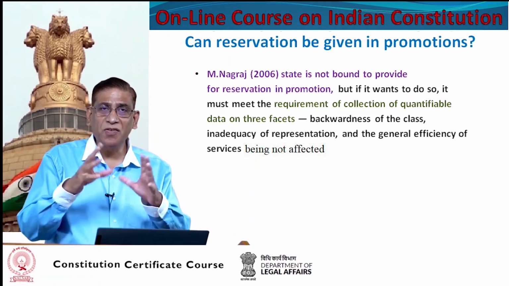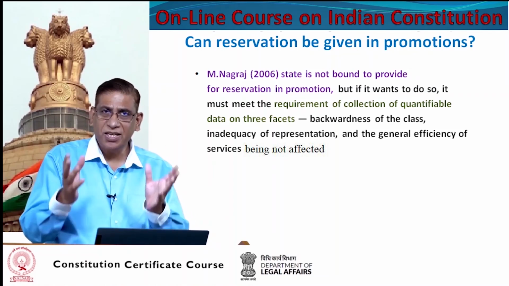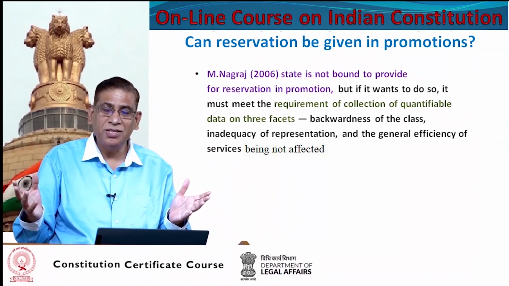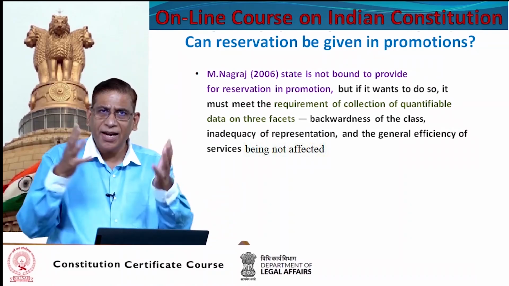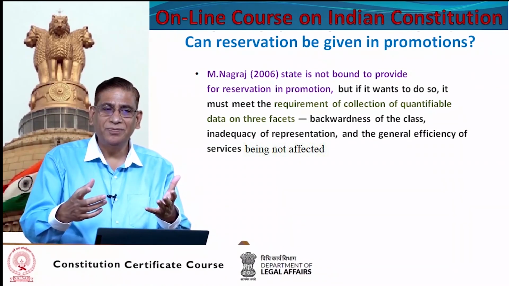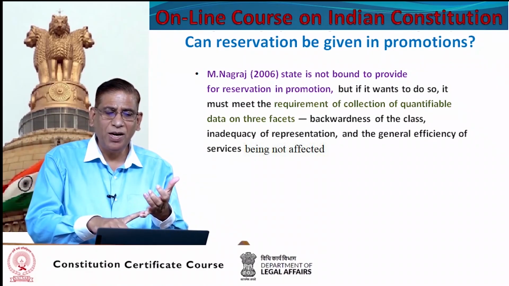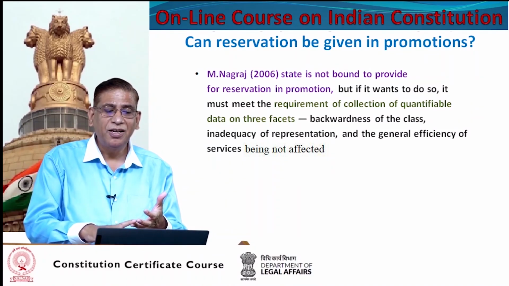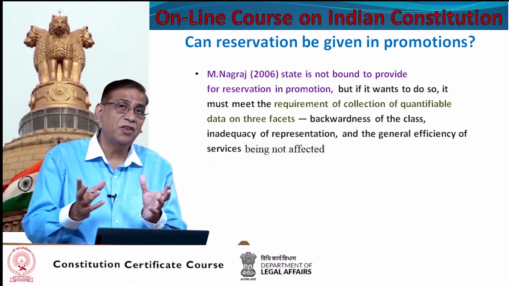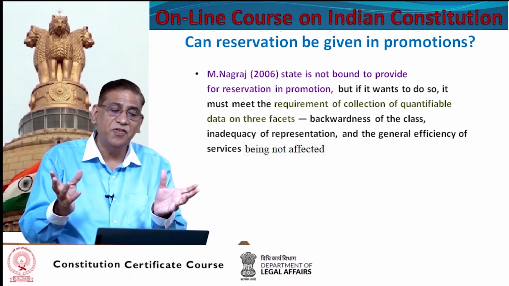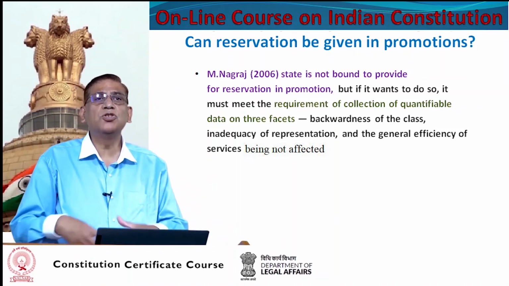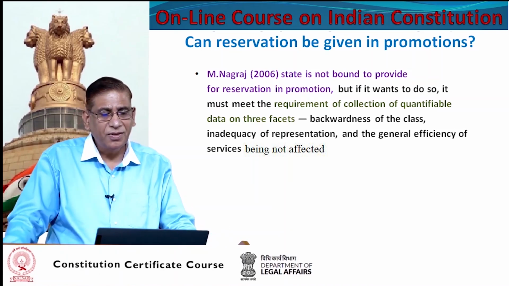So if you want to give reservation to SCs and STs or others in promotions, collect data, quantifiable data, to prove that they are backward, to prove that they have inadequate representation, and to prove that this reservation will not adversely affect the efficiency of services. There was a huge debate on this judgment.